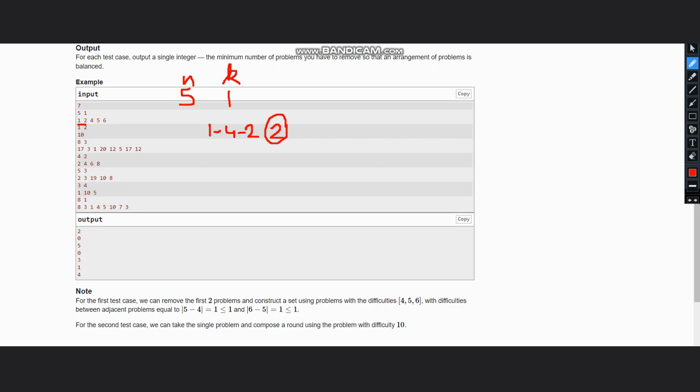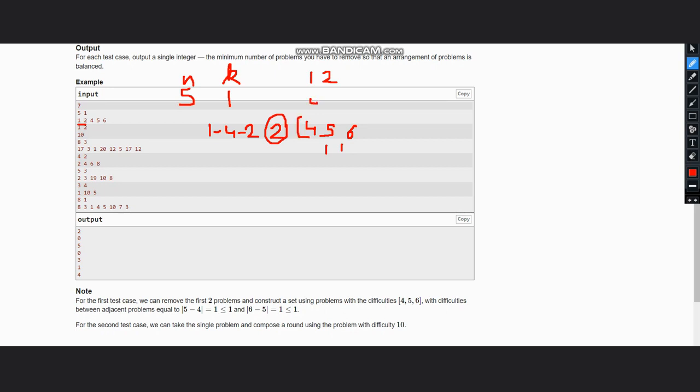Now we check the next elements, which are 4 and 5. So it is giving us 1. Now 6 and 5 are checked, so it is also giving us 1. So one possibility can be keeping 1 and 2 only, and the next possibility can be keeping 4, 5, 6.